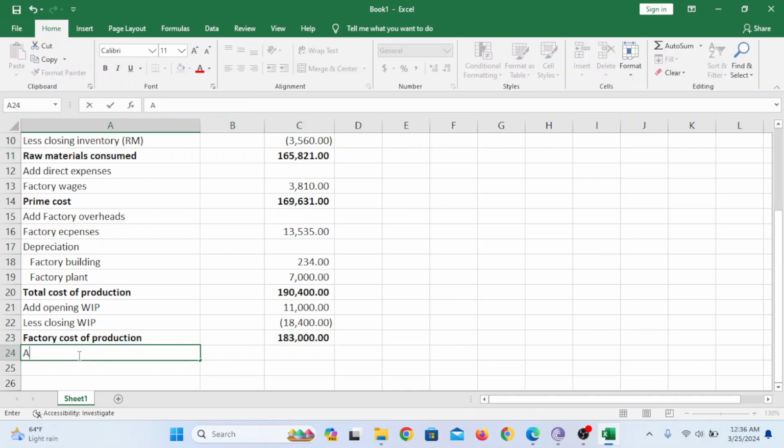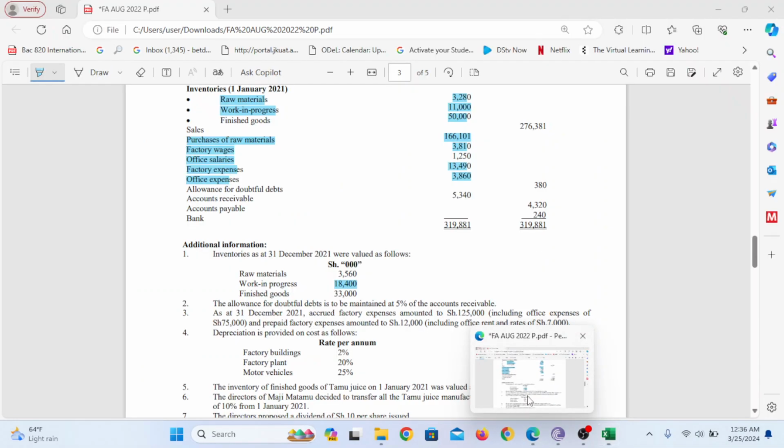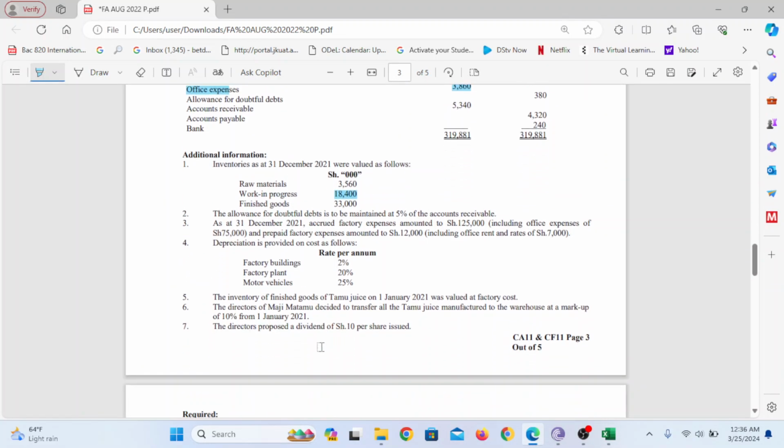So we normally add factory profit, and the factory profit we were given in a note. The directors of Majoritamu transfer all the tamu is manufactured at warehouse at a markup of 10%, so 10%.